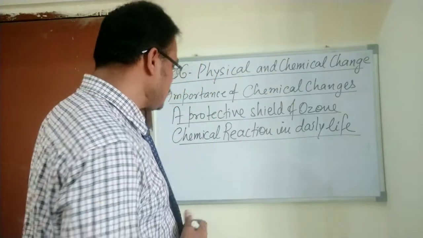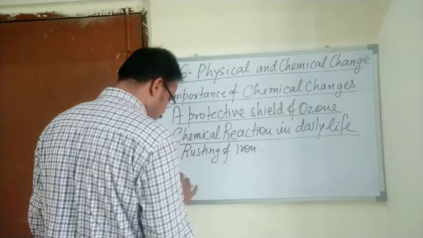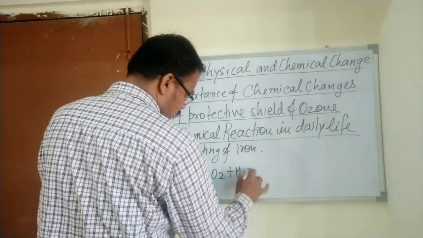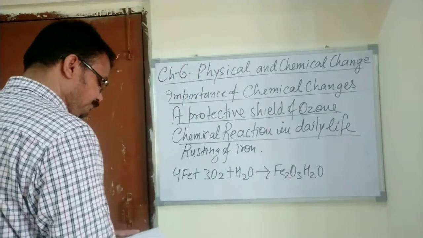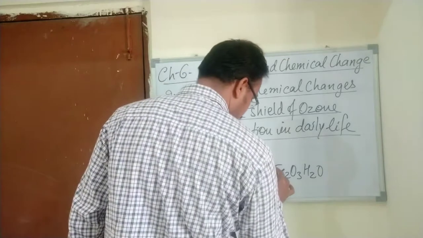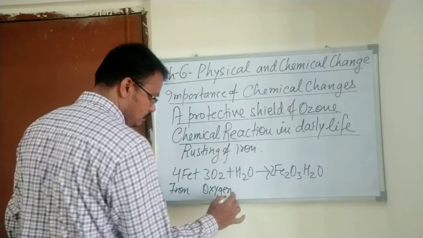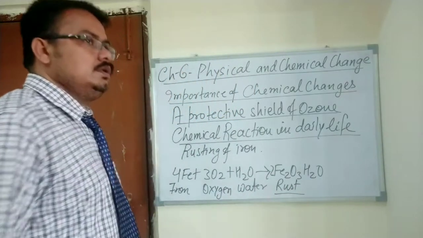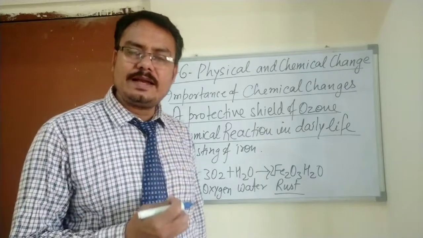Just for example, rusting of iron. Suppose, mostly in rainy seasons, there is a lot of moisture in the atmosphere.